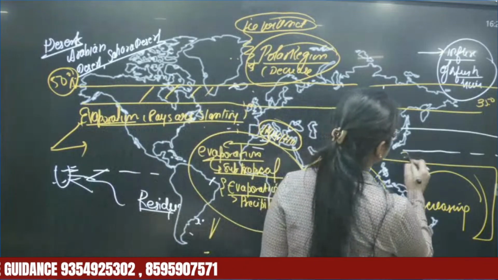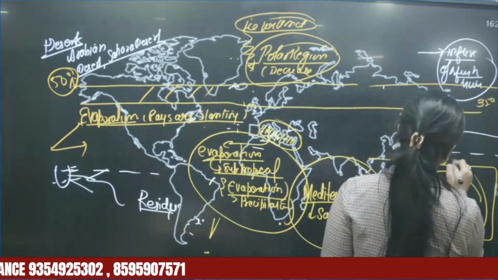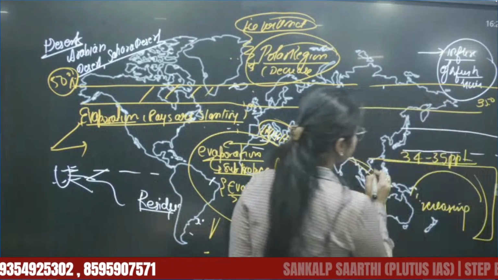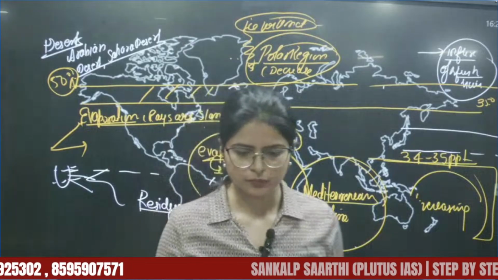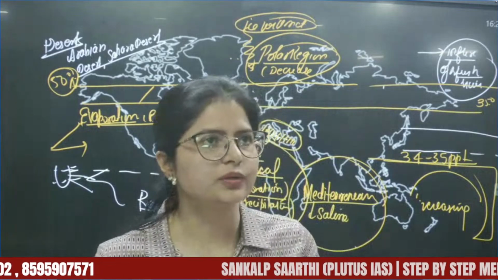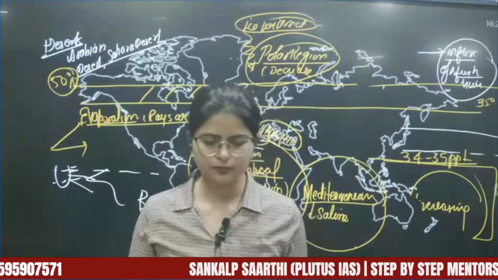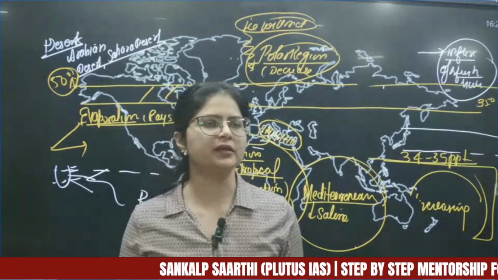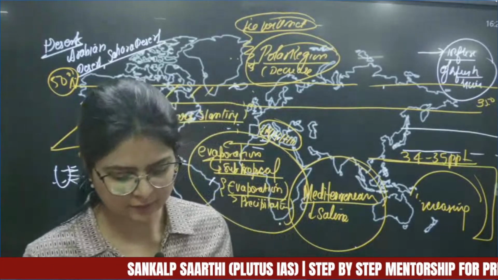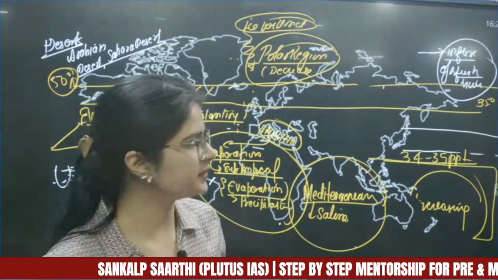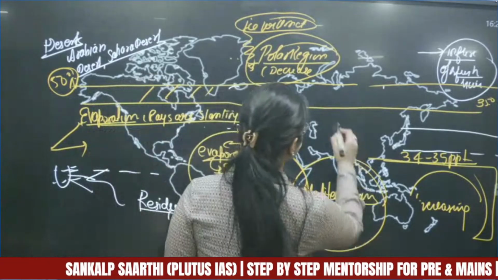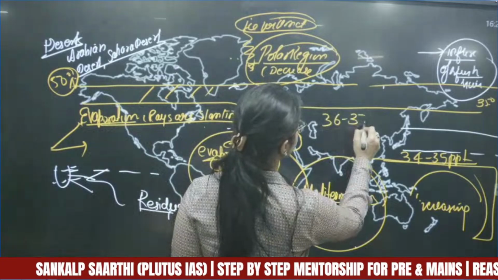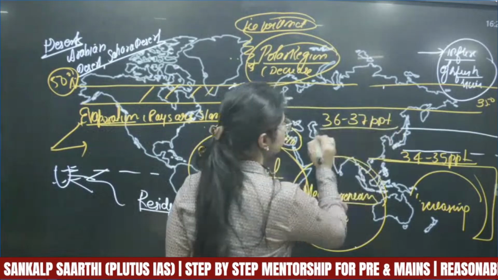Write down at the equator 34 to 35 ppt, parts per thousand. Then write down at tropical and subtropical regions, the value is 36 to 37 ppt.